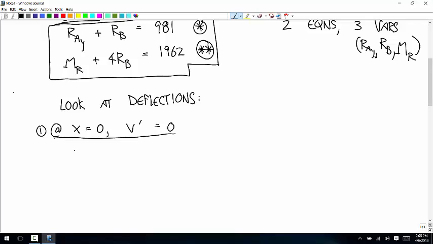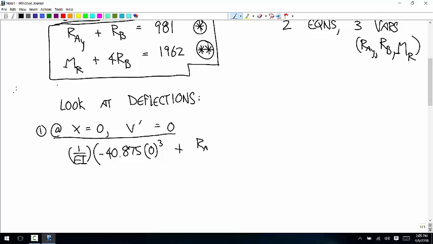So that said 1 over EI times negative 40.875 times 0 cubed. I don't know why I'm doing it this way, but I guess just so you can see what these functions are for the deflection and V prime.